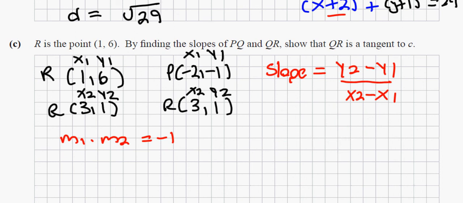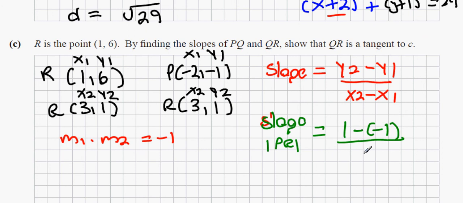So the first one, we'll do the slope of PQ first. The slope of the line PQ is (1 minus -1) divided by (3 minus -2). What we're going to get is 1 plus 1 over 5. If you put it in the calculator, you're going to get 2/5.